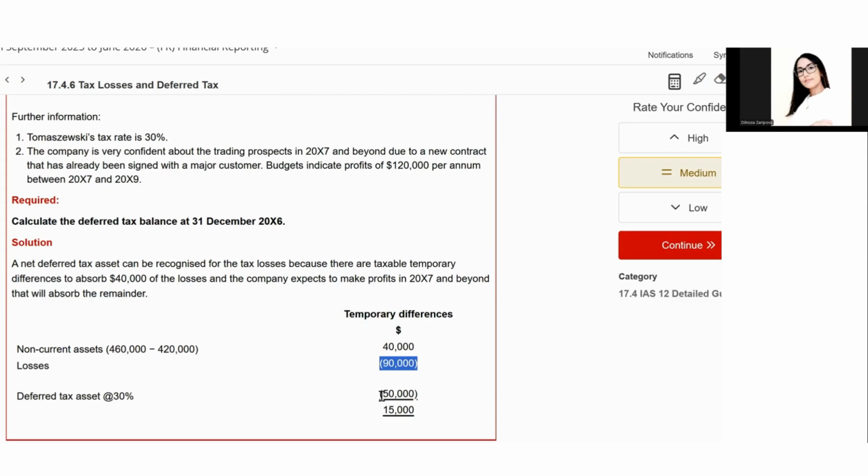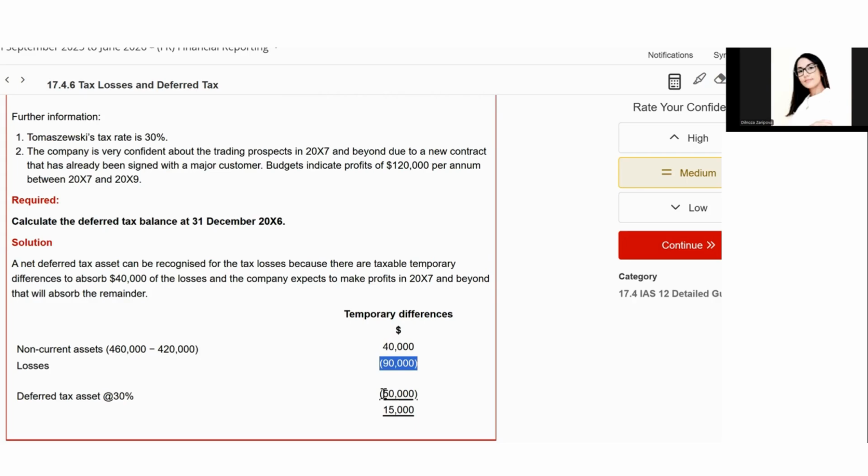And deferred tax asset at 30%. And we have 15,000 of temporary. These are the temporary differences. Why? Because we have this one and then also deductible this one, right?